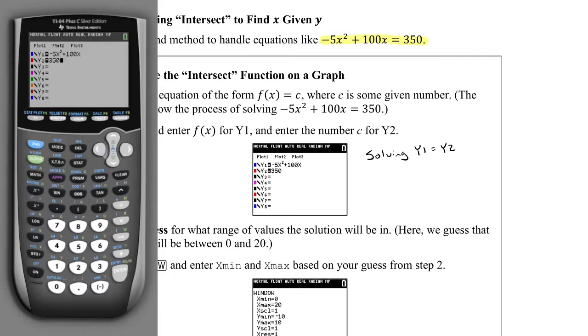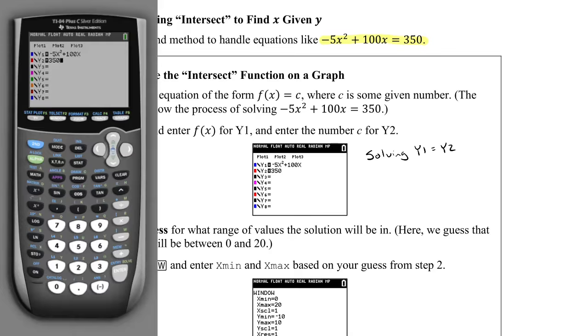Next, we need to make a guess for what range of values our solutions are going to be in. Why do we need a guess? Well, our goal here is to get our calculator set up so that the solutions to our equation show up on screen.